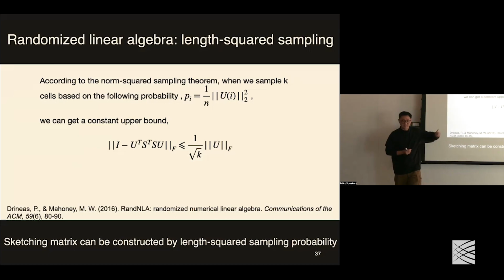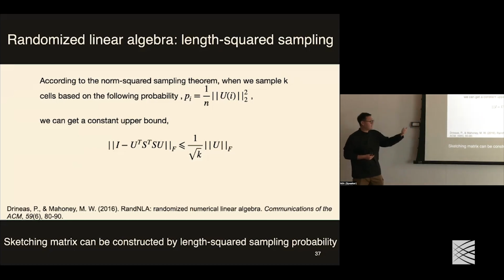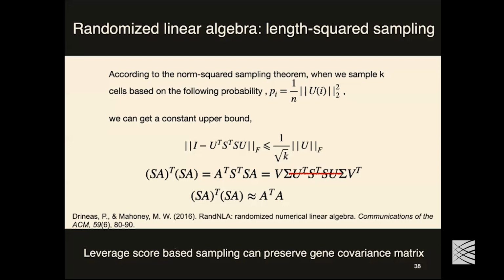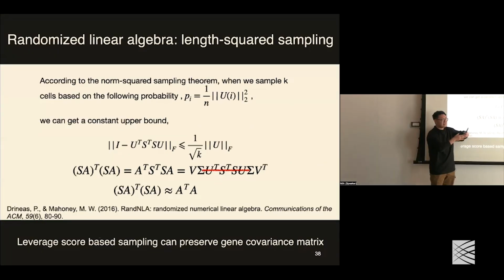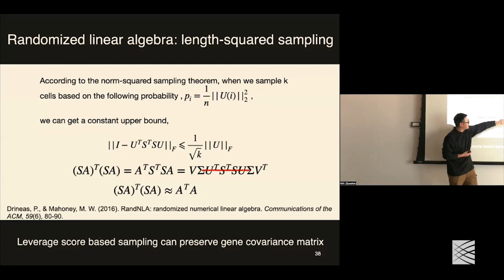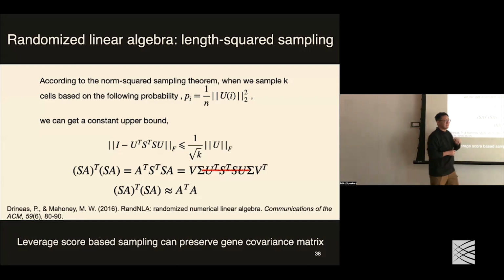The expectation of this is equal to 0, and the variance of this loss, if we sample this way, is also shown to be minimal. The intuition is: how can we construct this S matrix? If we sample the S matrix like that, this part is similar to the identity matrix.